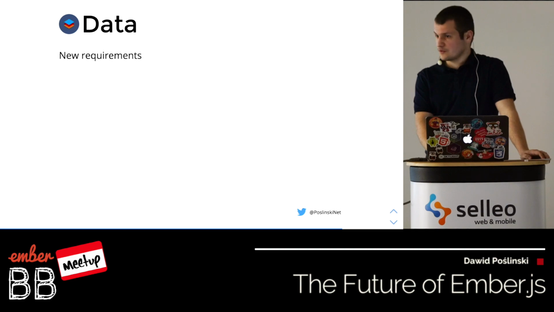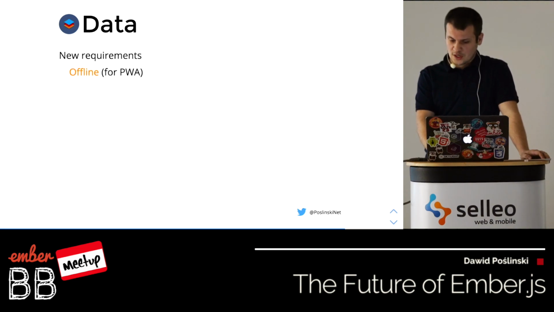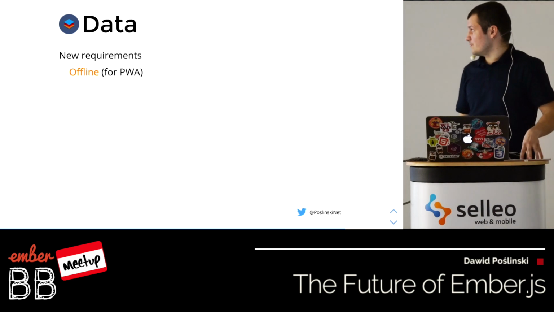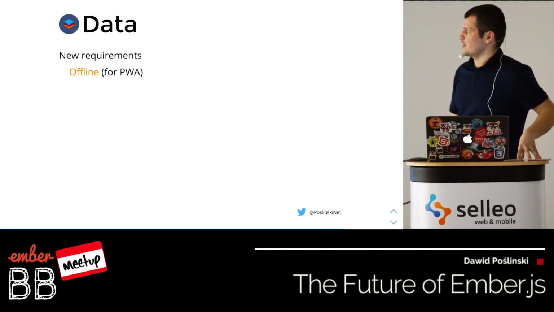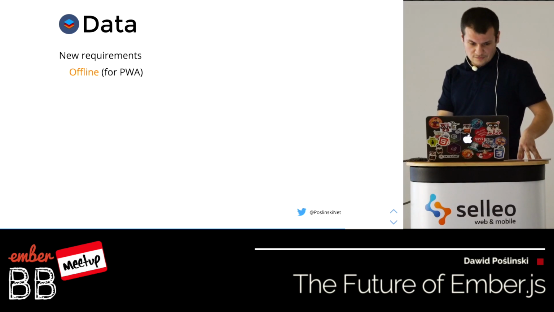So basically, the apps that we are creating connect to multiple data sources. Also, for the sake of PWA, we need to take a look at offline modes with service workers.